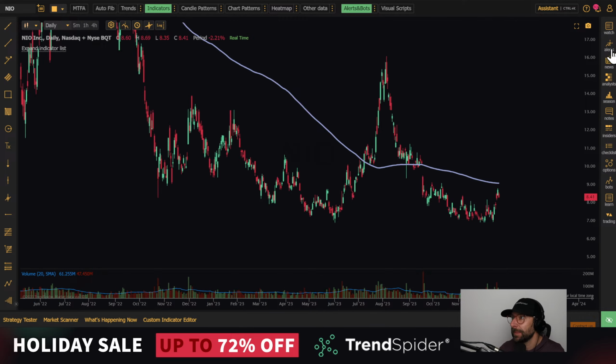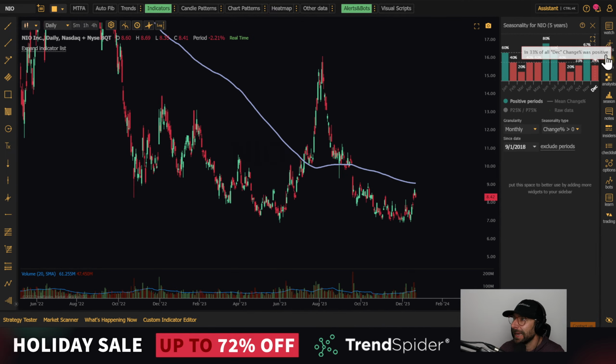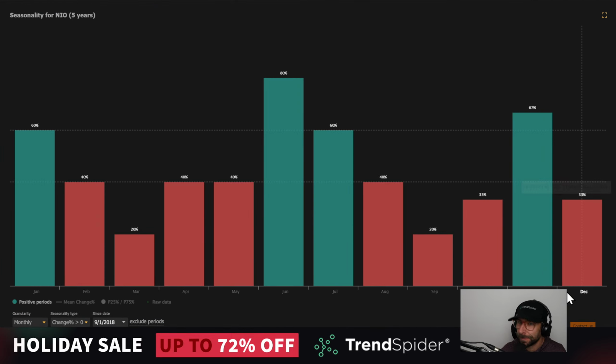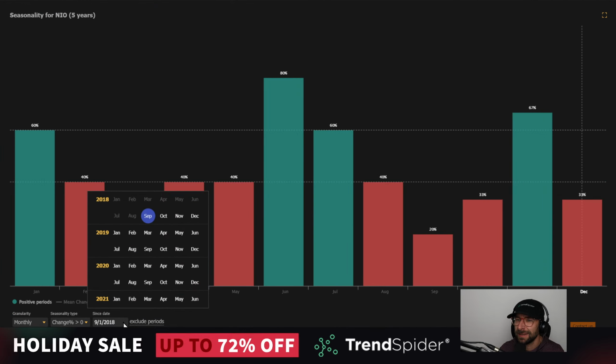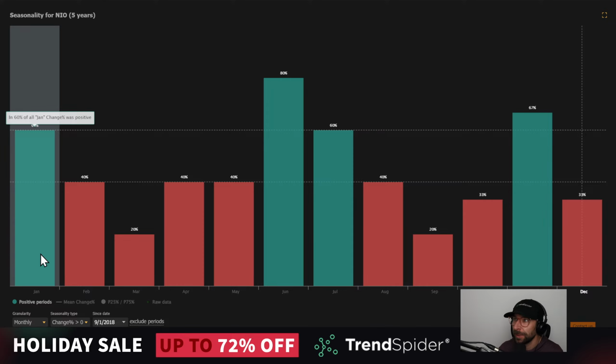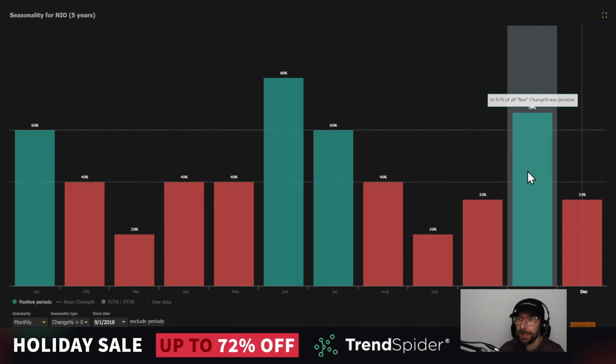Fundamentally, things could be lining up. And we could look at other stuff too, like seasonality. How does NEO tend to perform historically? There's not a ton of data here. December tends to be, this thing tends to perform poorly most of the time is the reality. But January tends to be a little bit stronger of a month. It's one of your 4 strong months of the year.